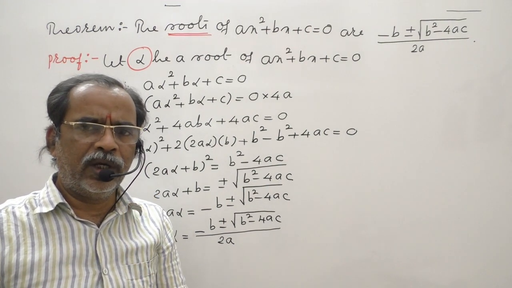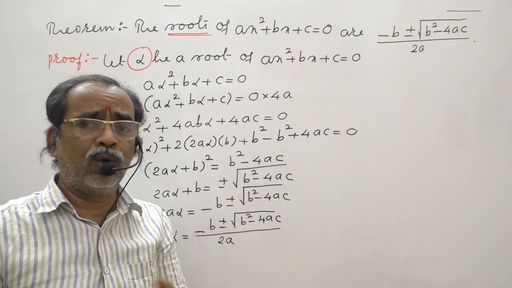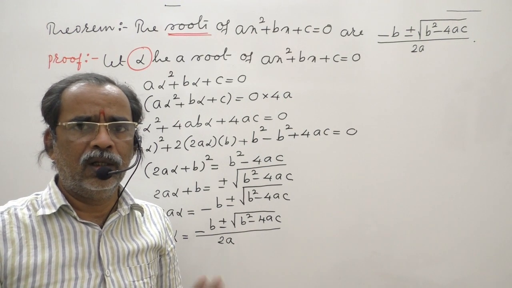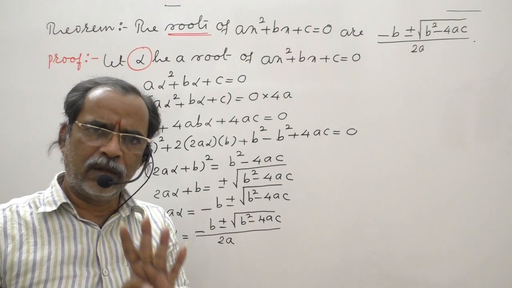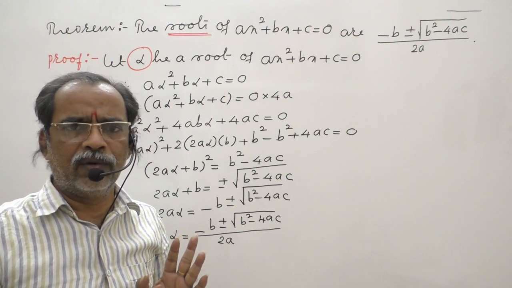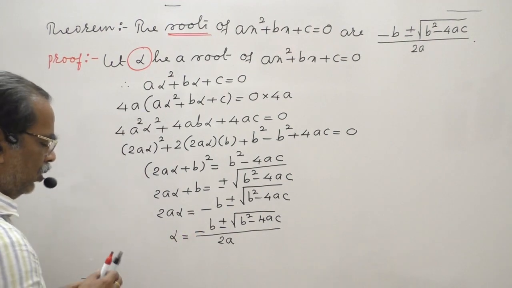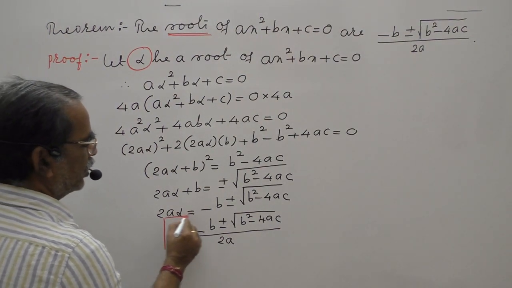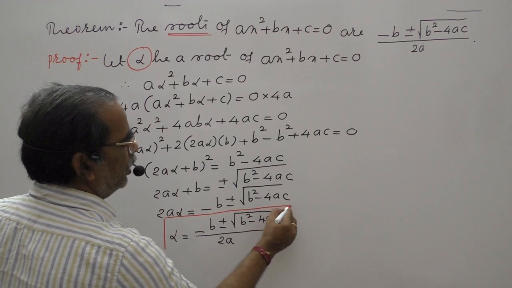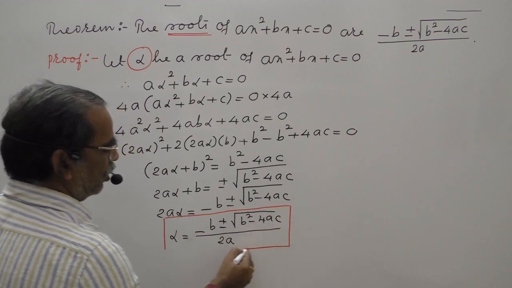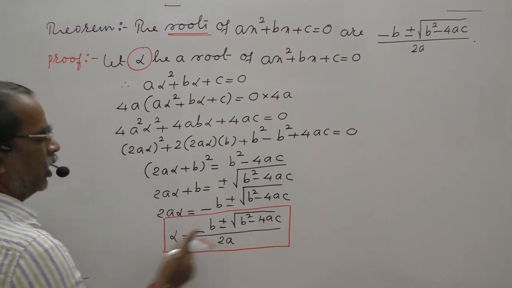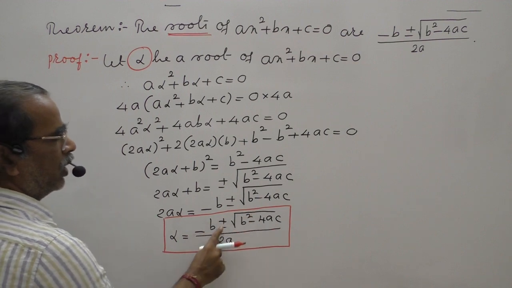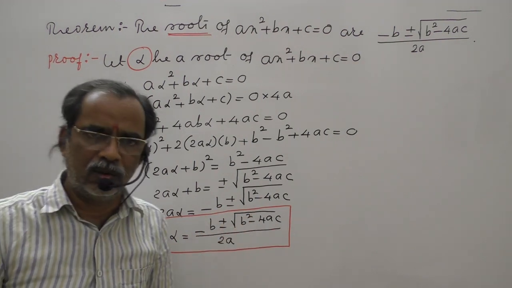If you take a cubic equation, it can have at most 3, not more than 3. Fourth degree equation, at most 4, not more than 4, like that. So these are the roots of the quadratic equation ax square plus bx plus c is equal to 0. By taking plus you will get one root, by taking minus another root.